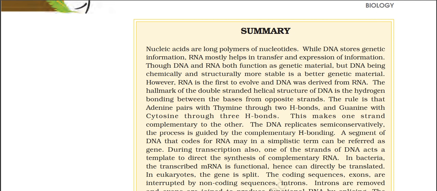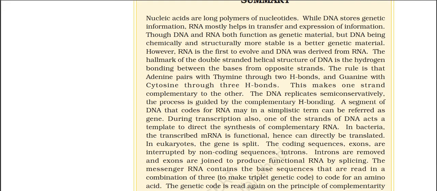Summary: Nucleic acids are long polymers of nucleotides. While DNA stores genetic information, RNA mostly helps in transfer and expression of information. Though DNA and RNA both function as genetic material, DNA, being chemically and structurally more stable, is a better genetic material.